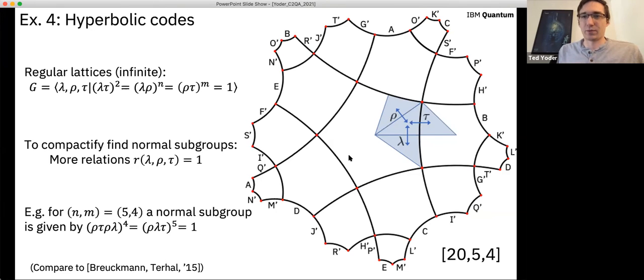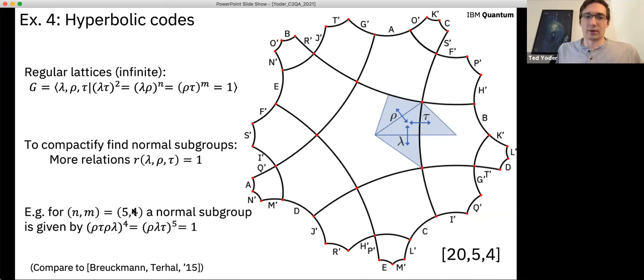In this way you describe regular graphs, where by regular I mean that the degree of every vertex is the same, and that the degree of every face, or the number of sides that every face has, is the same. So in this case, every face is a pentagon, and every vertex is degree 4.